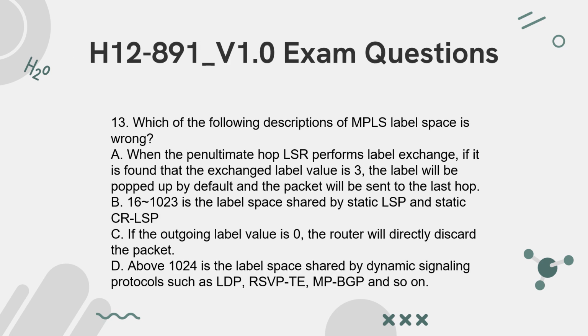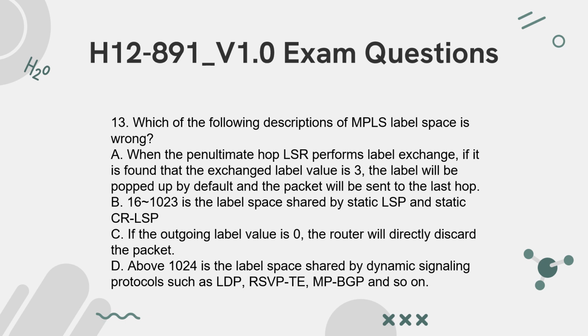Which of the following descriptions of MPLS label space is wrong? A. When the penultimate hop LSR performs label exchange, if it is found that the exchanged label value is 3, the label will be popped by default and the packet will be sent to the last hop. B. 16 to 1023 is the label space shared by static LSP and static CRLSP.